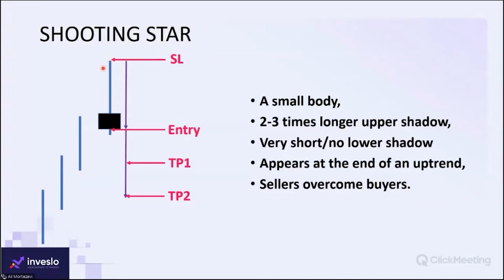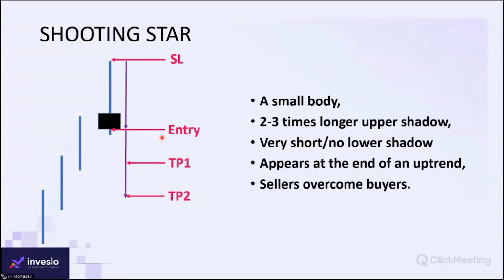That's the highest point of the previous uptrend, and then we can enter the market maybe at the low of the lower shadow or at the open price of the short black body, because usually shooting star patterns don't have a lower shadow, or they come with just a very short lower shadow.